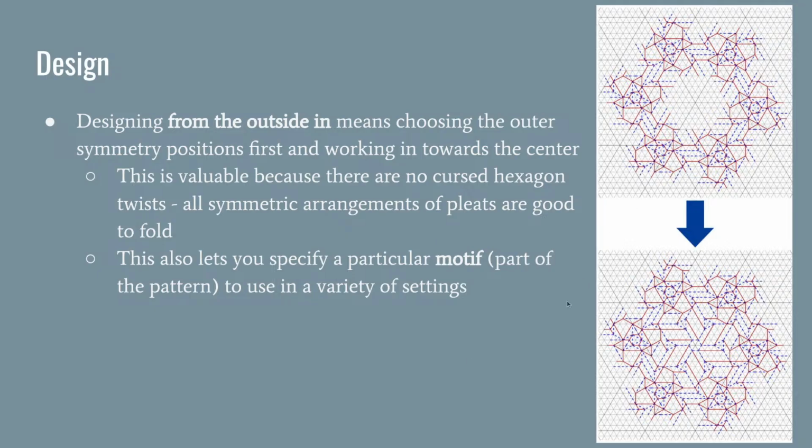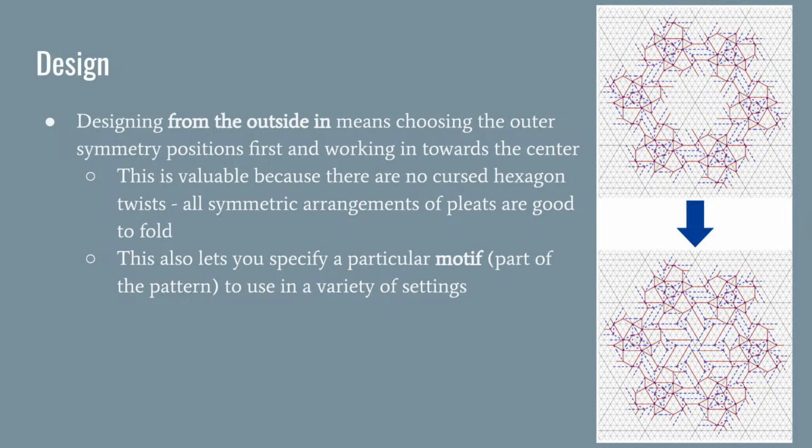Fun fact. And this is a valuable thing to do because you can often get in trouble with just the geometry of the symmetry points as it relates to the geometry of the sizes of twists.